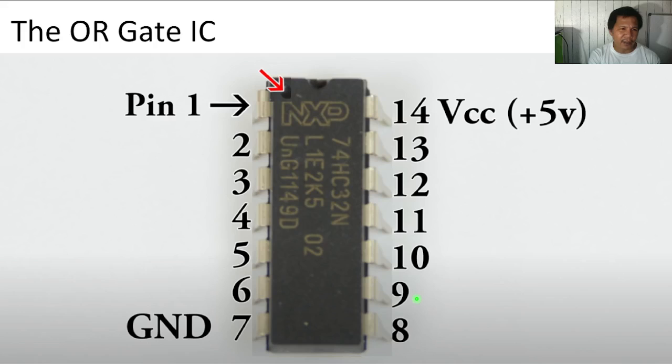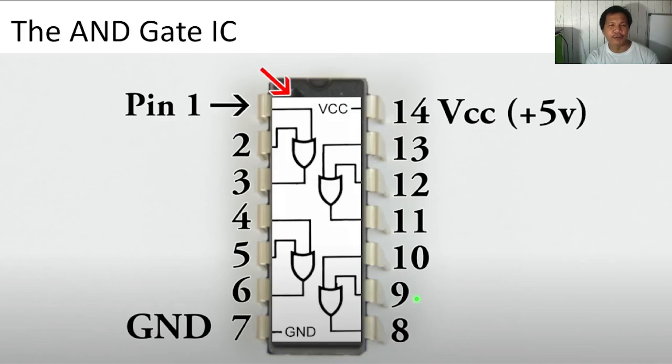So let's take a look at the internals of your 7432. So the internals of 7432, so you can see here now you have four. This is not an AND gate. This is an OR gate.